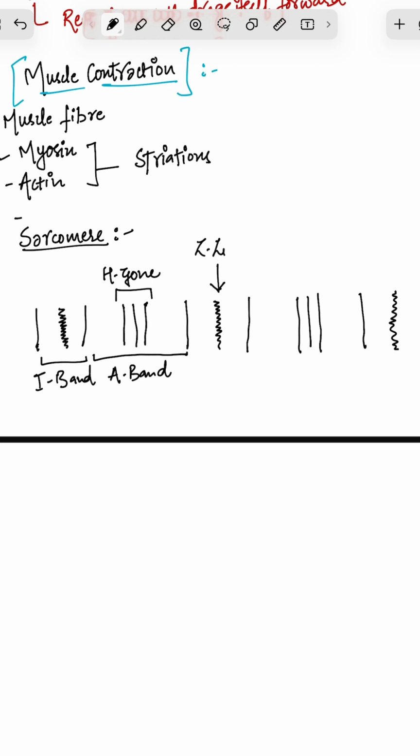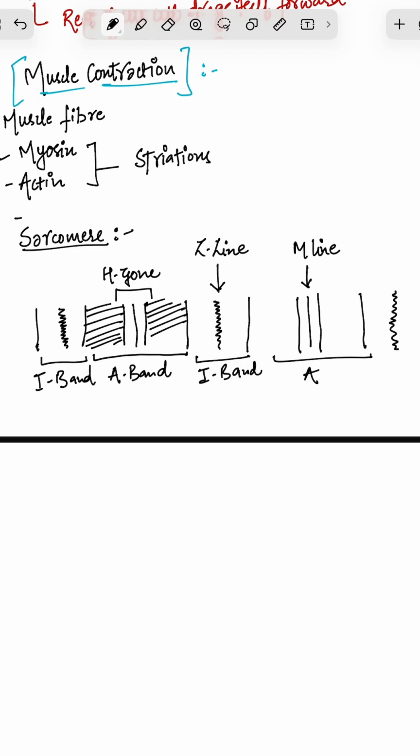The A band is present, which is basically the dark band, and it is made up of overlapping thick and thin filaments, means actin and myosin filaments. In the center of the A band is an H zone, which consists of myosin filaments only. This H zone consists of only the myosin filaments.